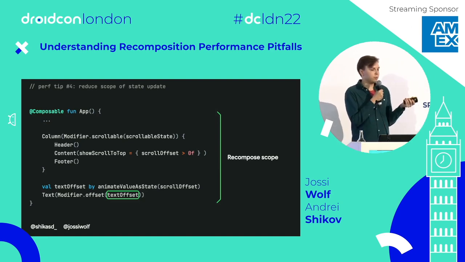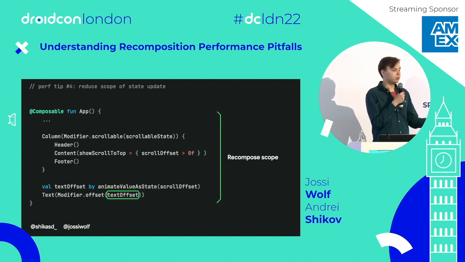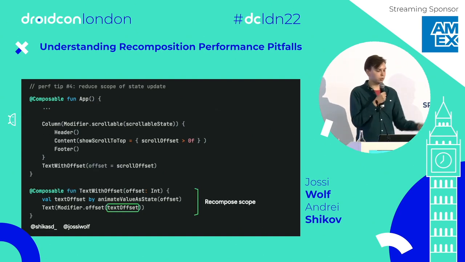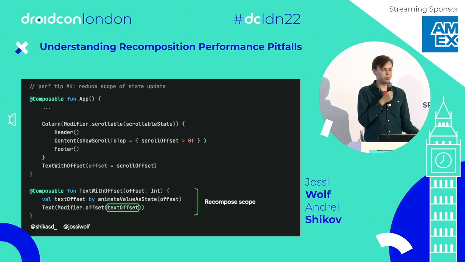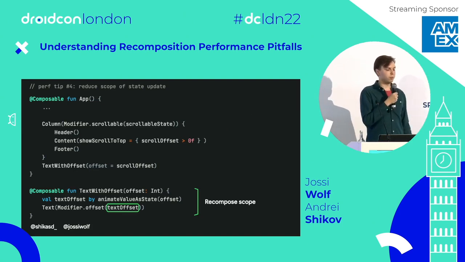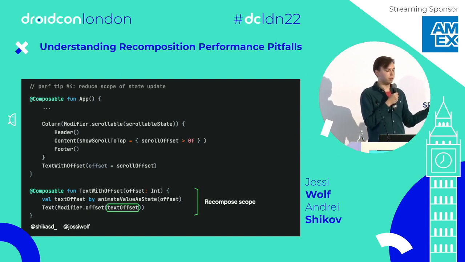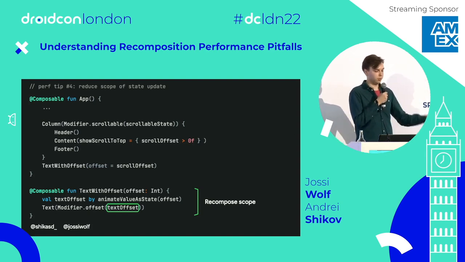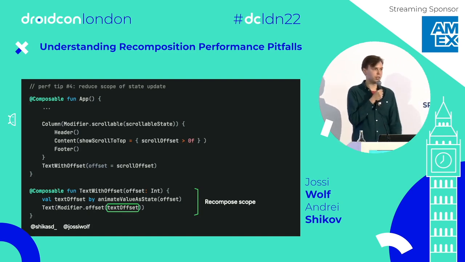We don't really want to recompose the app in this case, because it only affects the text, so why should we do additional work? What we can do is move the text offset into a separate restartable function, creating its own recompose scope and making the update more efficient, constrained to the smallest piece, where it only updates this text and not anything else. And here, with the offset, you can also use the lambda modifier to make it even more efficient with the measure.